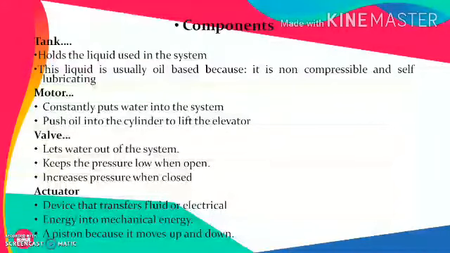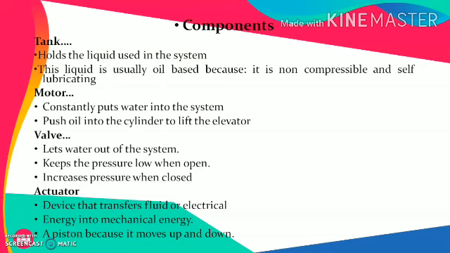The different components of a hydraulic lift include a tank, motor, valve and actuator. Tanks are used to hold the liquid used in the system, and this liquid is usually oil based because it is not compressible and is self-lubricating. The second is the motor. It constantly pushes oil into the system, into the cylinder, to lift the elevator.